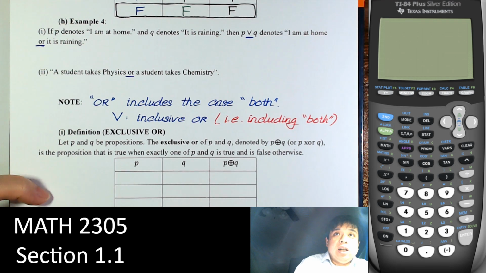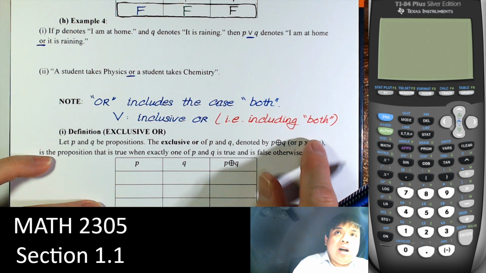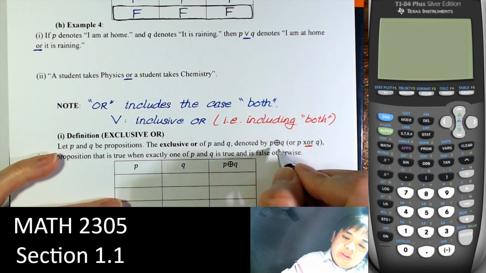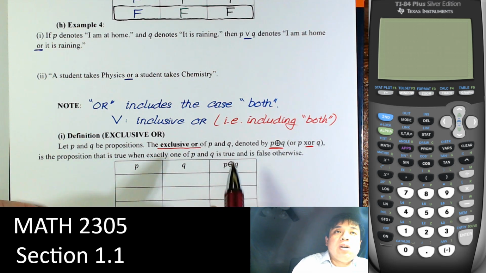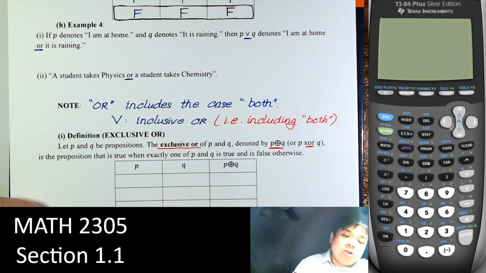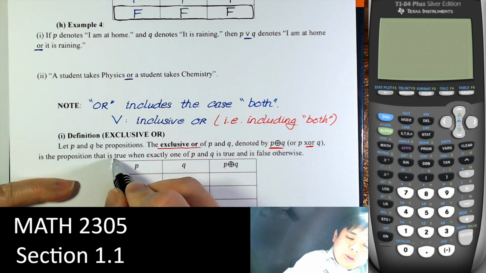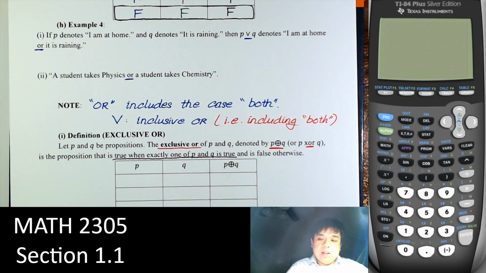If we don't want both, we call it exclusive or, denoted as XOR. So exclusive or, denoted by XOR, is the proposition that is true when exactly one of them is true and false otherwise.